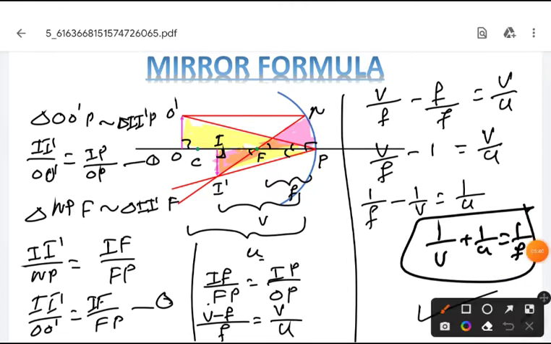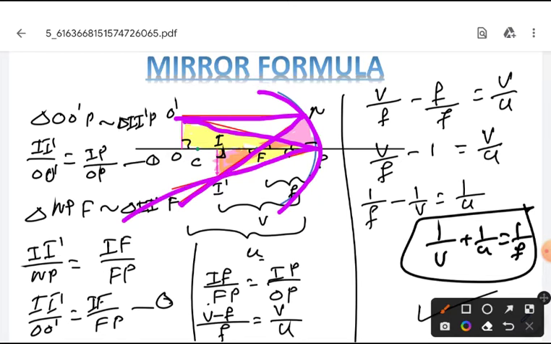Mirror formula. For the mirror formula, you have to take rays. One passes parallel to the principal axis and moves towards the focus, and another goes to the pole, then reflects.